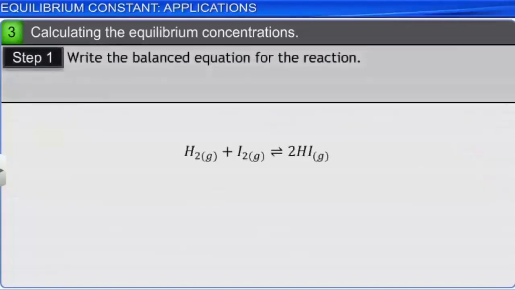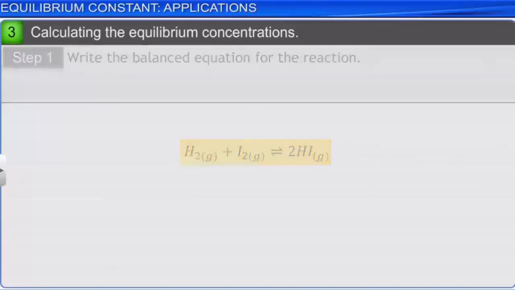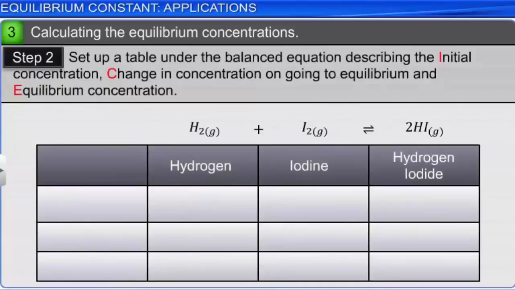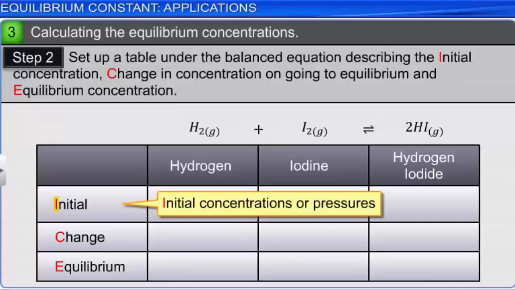The first step in calculating equilibrium concentrations involves writing a balanced equation for the reaction, like this. The second step is to set up a table describing the initial concentration, change in concentration on going to equilibrium, and equilibrium concentration. The second step can be easily remembered in the form of the ICE chart, where I stands for the initial concentrations or pressures for each species in the reaction mixture.